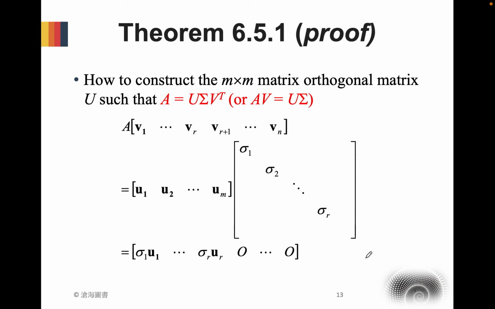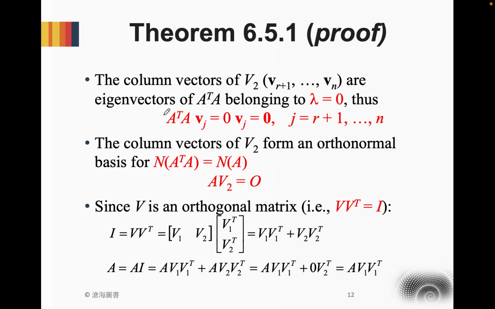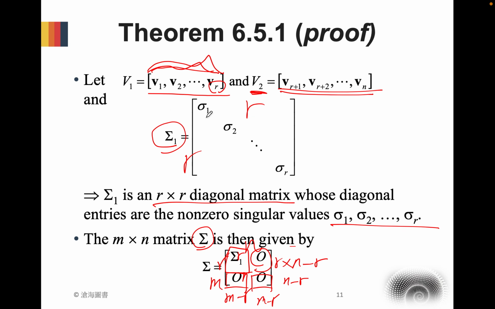Finally, based on all these properties, we will introduce how to calculate U, sigma, and V. We already know V is the collection of eigenvectors of A transpose A, and sigma is the collection of singular values at the diagonal entries.